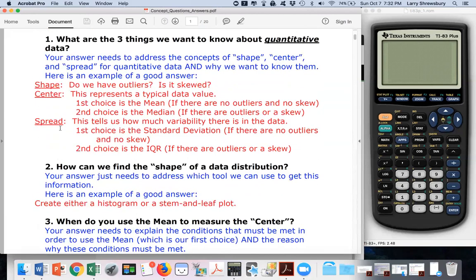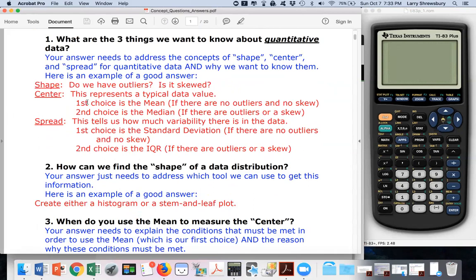For example, concept question number 1, you applied this when you did the StatCrunch assignment, because you had to figure out from your histogram, stem and leaf what the shape was, whether it's skewed or not. From the box plot, you determined if you had outliers. And based on that, you figured out what you should use to measure the center.